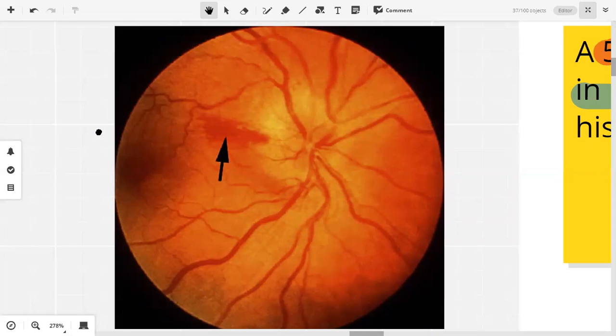Let's look at the color. The color of the disc, do you think it is hyperemic or is it pale? It's one of the two. Hyperemic. It's hyperemic, right? The rest of the retina is yellowish or reddish in color generally.